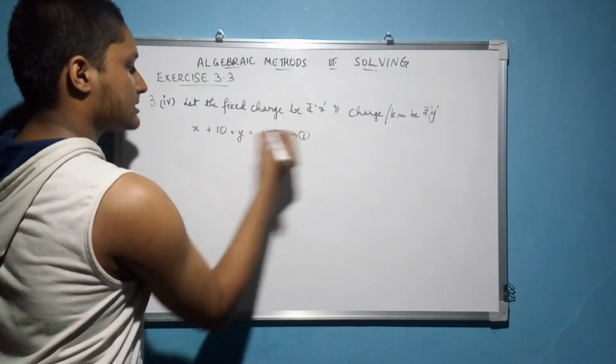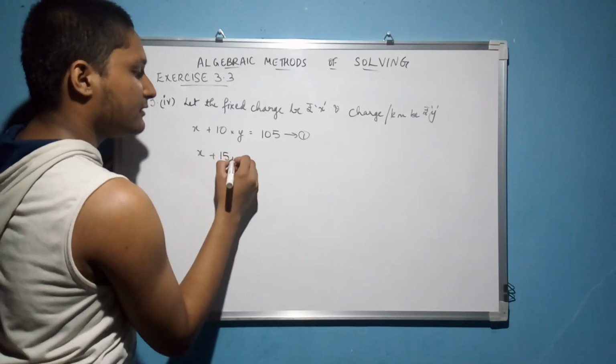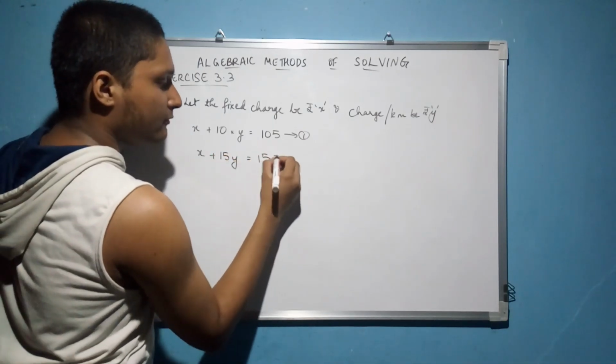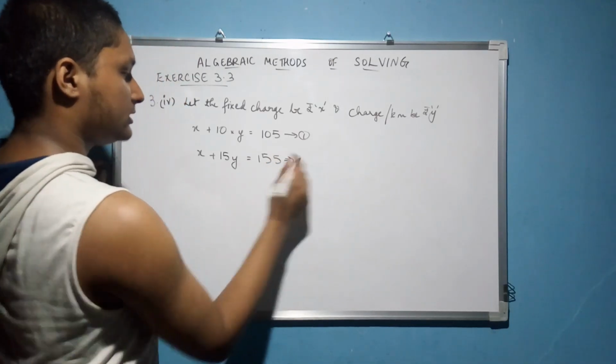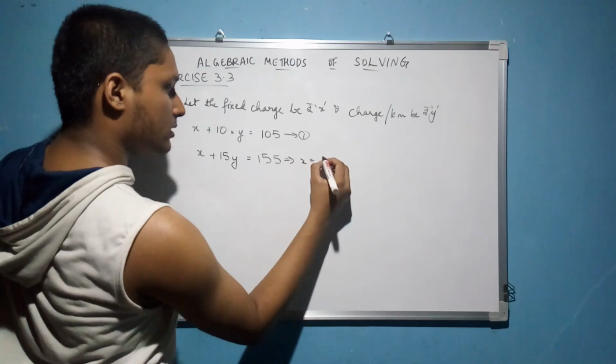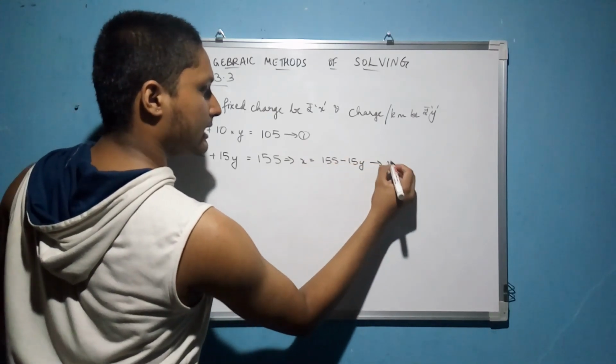The second case is x plus 15y, which is going to be 155 as given. So let me change this: x is equal to 155 minus 15y. That is the second equation.